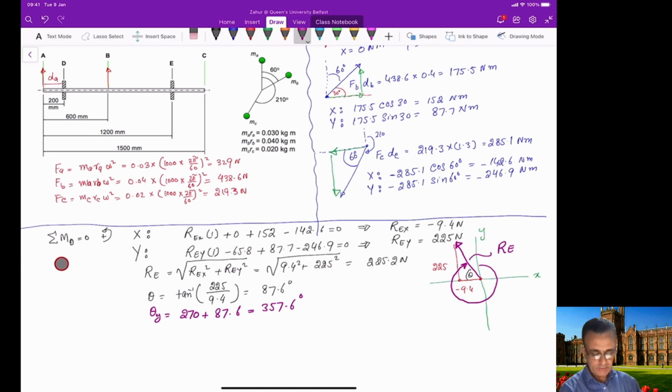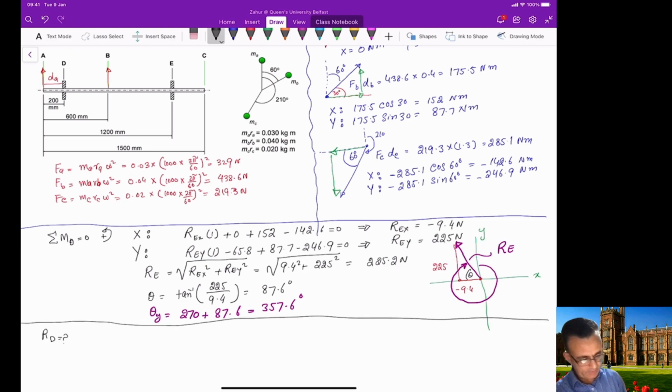Okay, so we managed to calculate the RE. Now in the second part, we need to calculate the reaction force at D. The second thing that we need to calculate is RD. For RD, we will be using the summation of all the forces equal to 0.